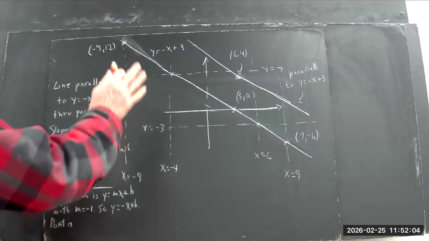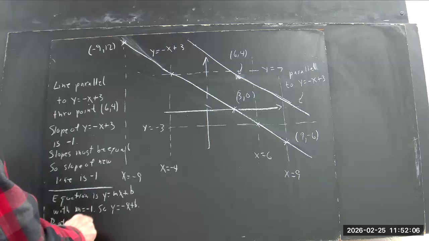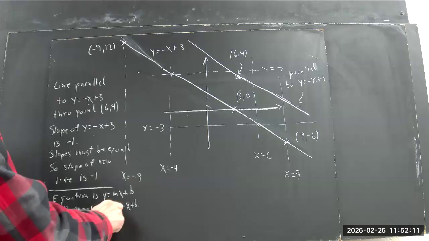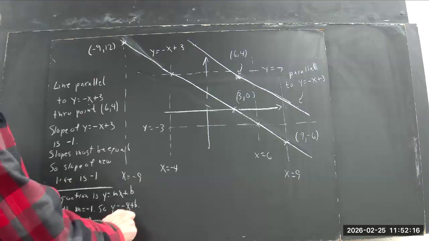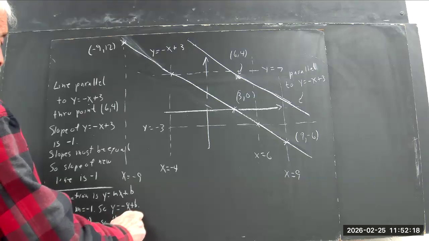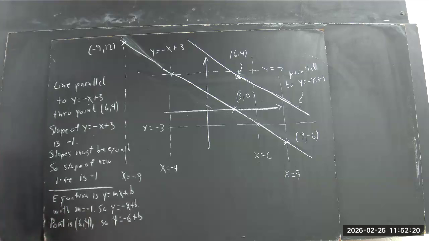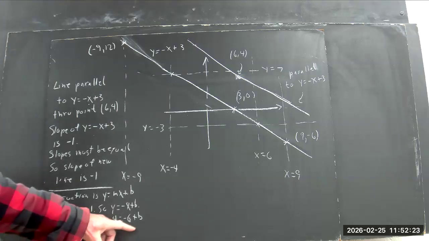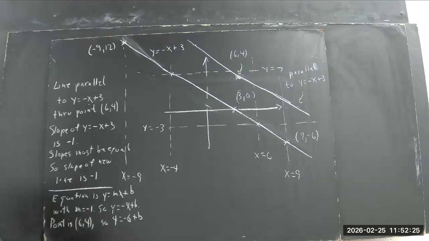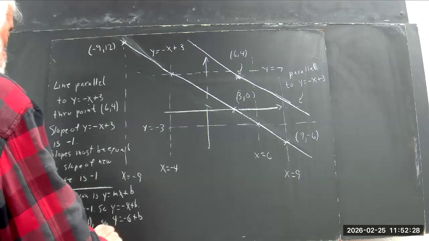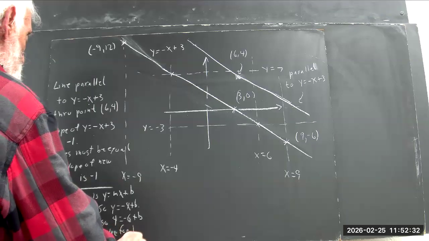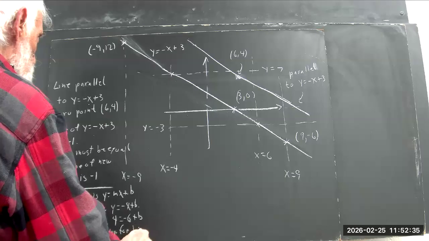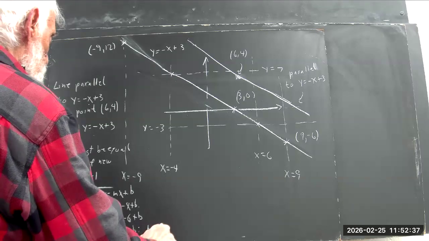The point is 6, 4. So y is 4, x is 6. So 4 equals negative 6 plus b. We solve that for b and we get b equals 10.